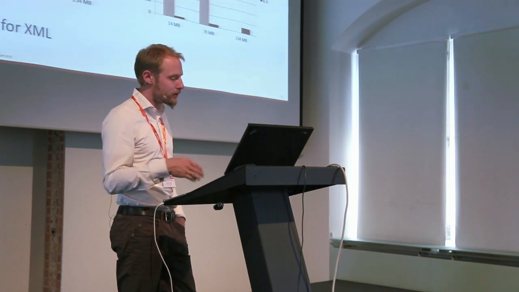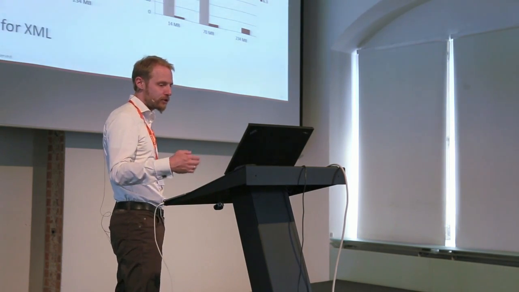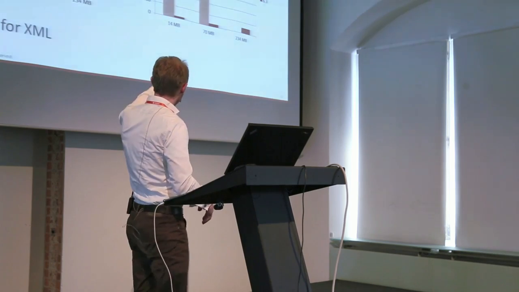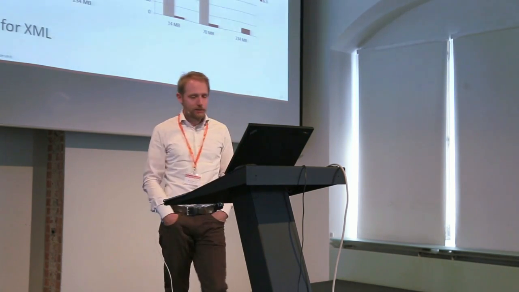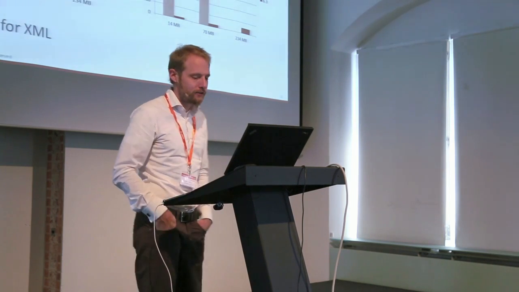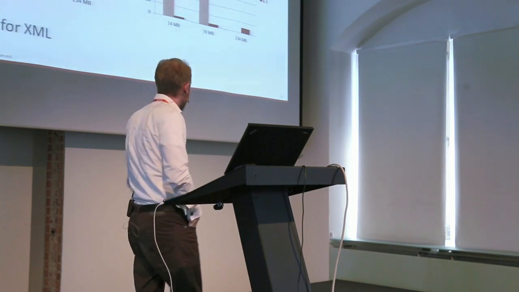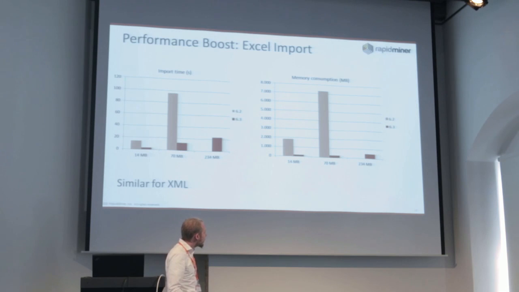Not only was it slow, but the overhead was huge, so you couldn't import large files in the first place. Now on the right-hand side, you see that the memory footprint inside RapidMiner is roughly the size of the file. So if you have a 234 megabyte file, you were not able to import it, at least in RapidMiner 6.2, but in 6.3, the memory footprint inside RapidMiner is roughly the size of the file, as you would expect.